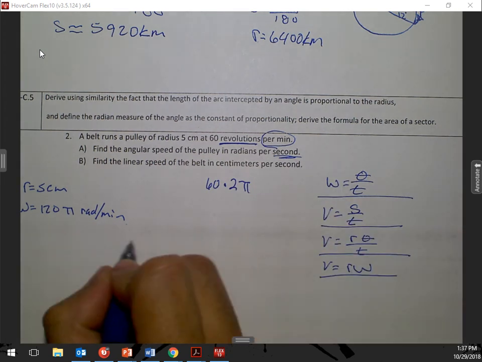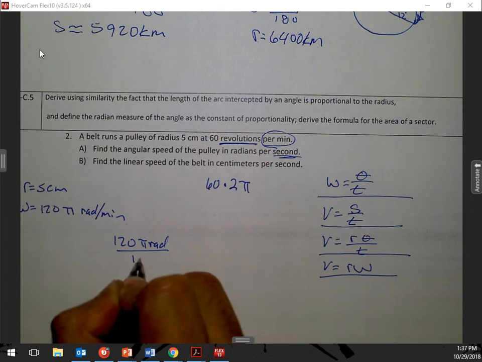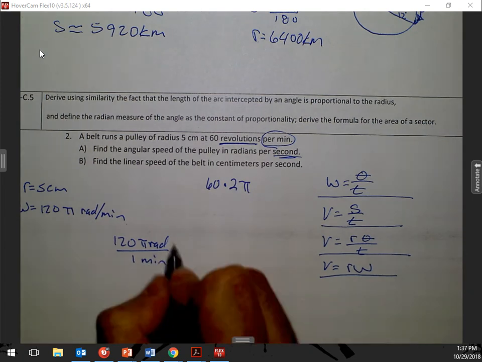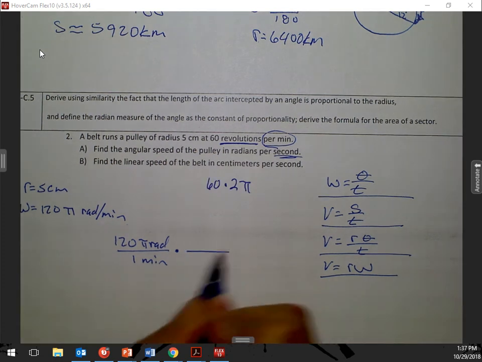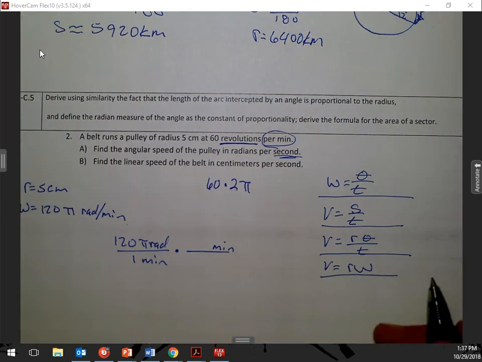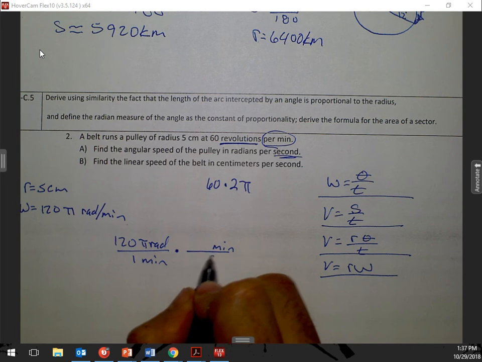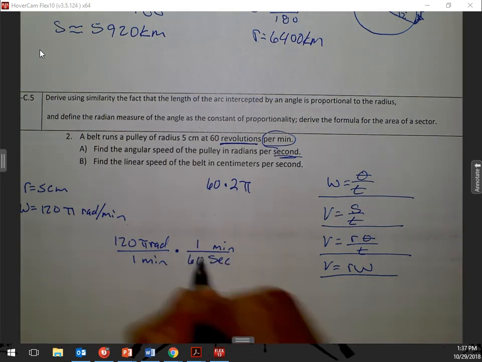So it's going to be 120 pi rad per 1 minute. What part of this don't I like? The minutes. So I have to get rid of the minute, right? So where's the minute going to go? On the top. Very good. So it's minute on top. What goes on bottom? 60 seconds. So I have 1 minute is 60 seconds.